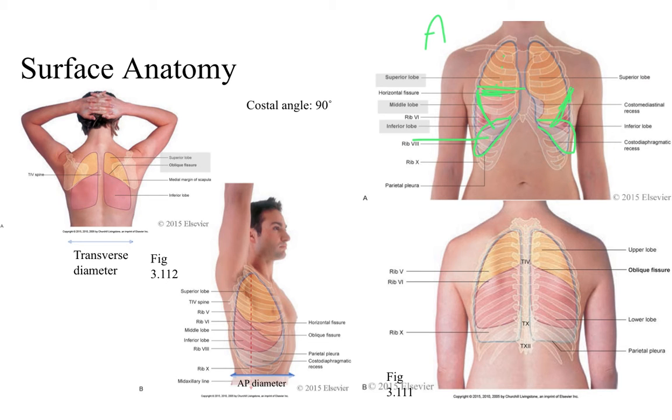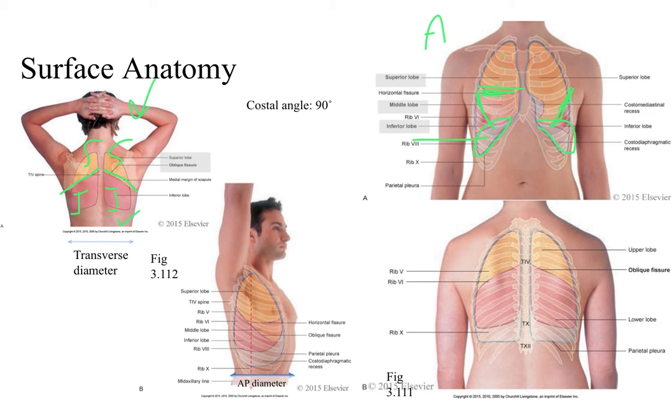Looking from the back, this picture right here, notice that we only have superior and inferior lobes. That's because the middle lobe of the right side, which of course here would be on this side because the person's turned around. And these would be continuations of the oblique fissure from the other side, because each side has an oblique fissure in the same spot anteriorly.